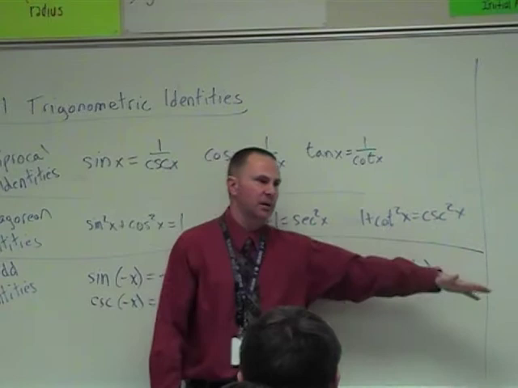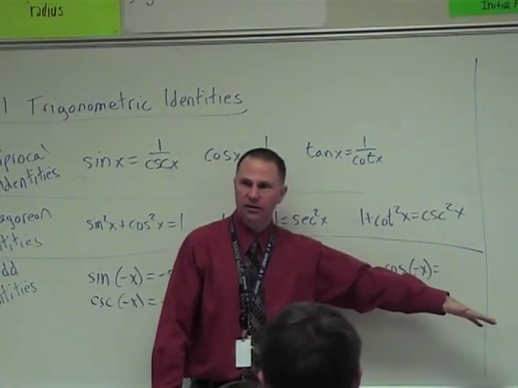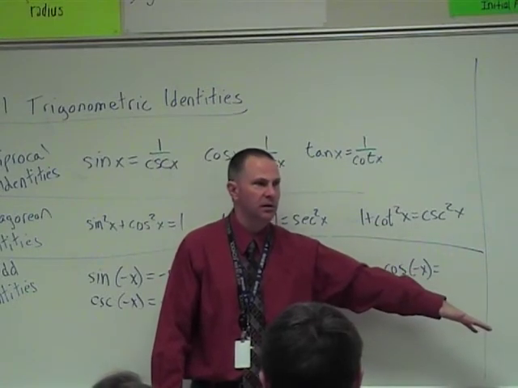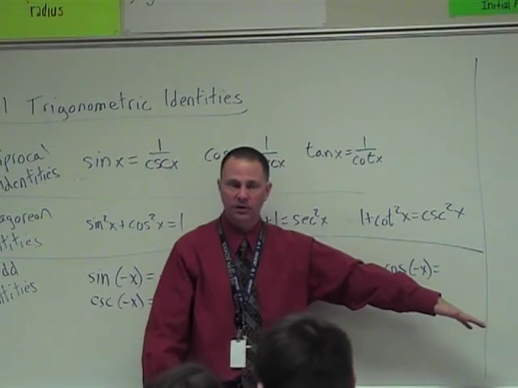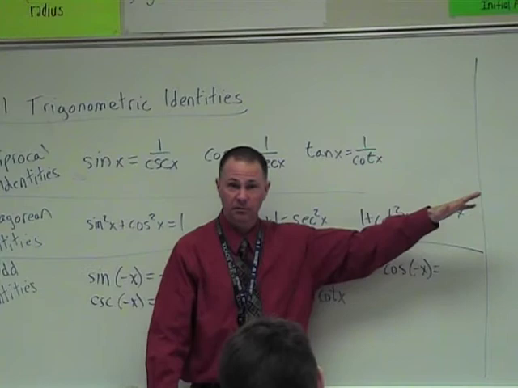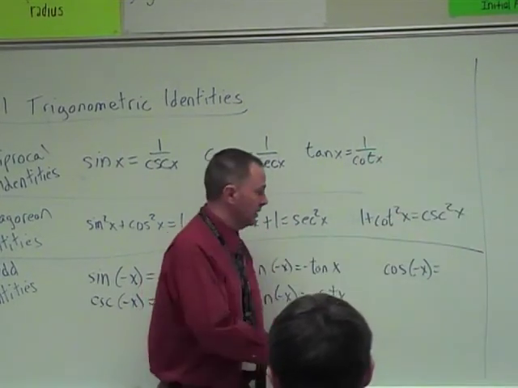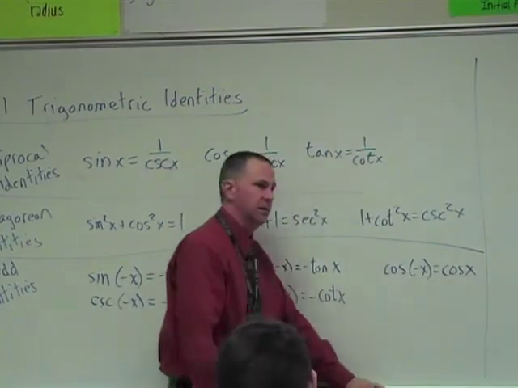So negative 30 degrees. What's the cosine there? What's the x value at negative 30 degrees? Positive square root of 3 over 2, right? Isn't that the same as the cosine of pi over 6? Positive, right? So the cosine of negative x is the same thing as the cosine of positive x.